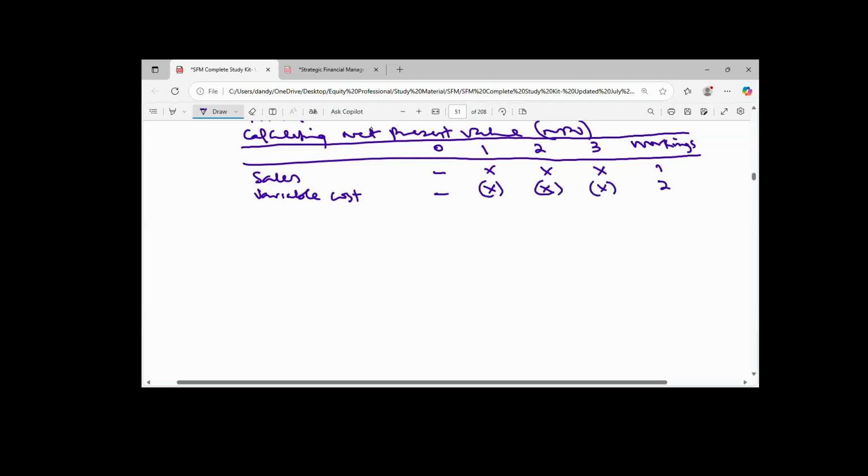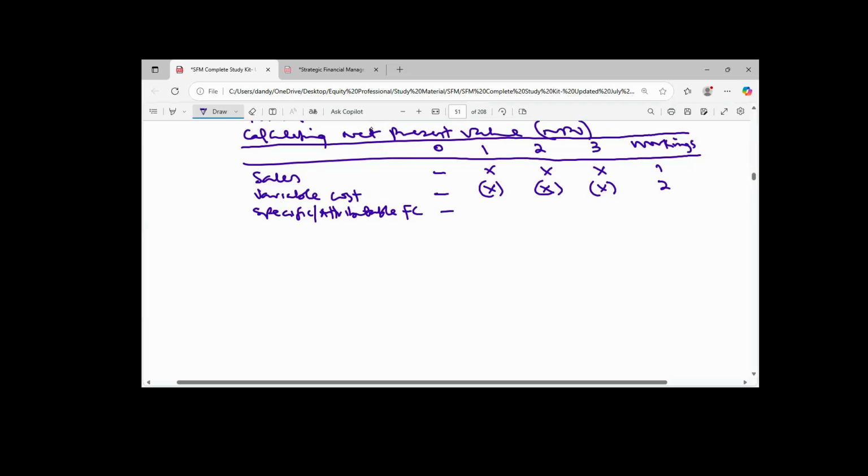Working number 2. You also go back to the question and check, in case you are given a specific or attributable fixed cost. All right. In this case, there is no need for you to be doing calculation for attributable specific fixed cost.